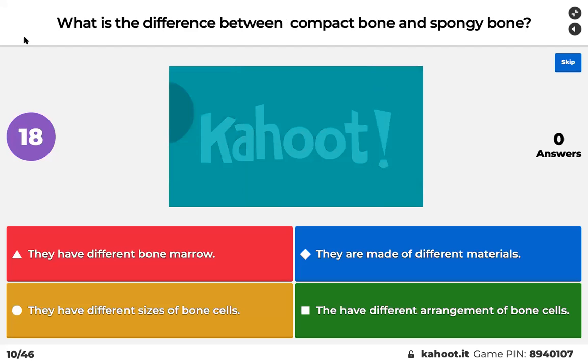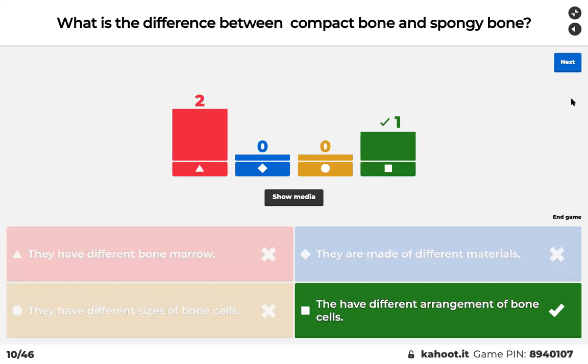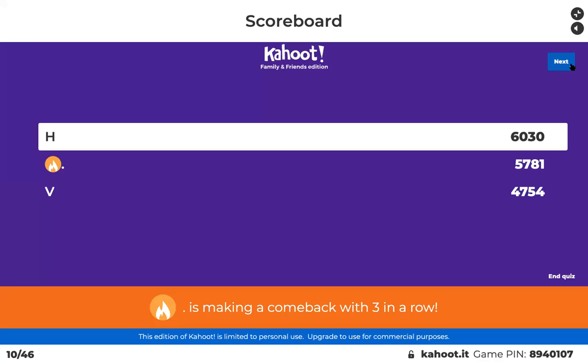You have two types of bone, compact and spongy. Spongy bone is a lot less dense and hard, I guess. They have different arrangements of cells, which is why they have different textures.